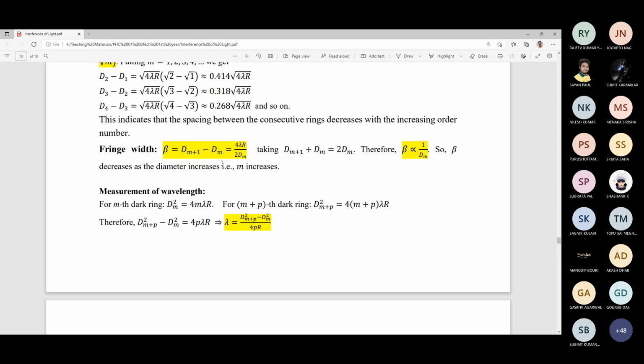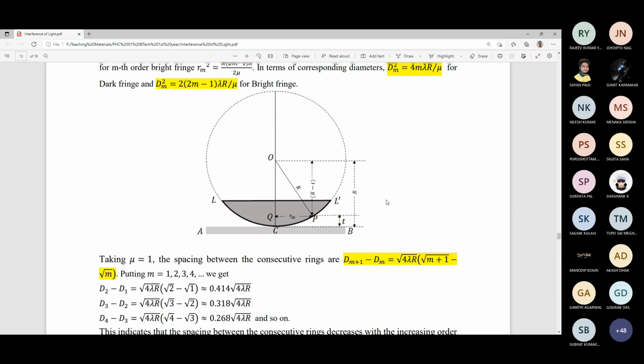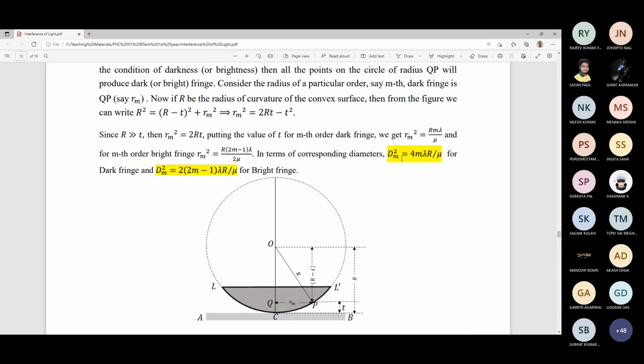Because if we take the difference, that is dm plus 1 square minus dm square, that will give you dm plus 1 minus dm, another term dm plus 1 plus dm, right?